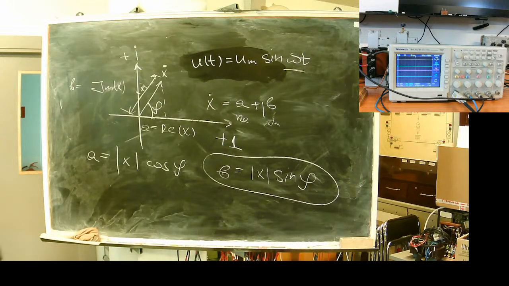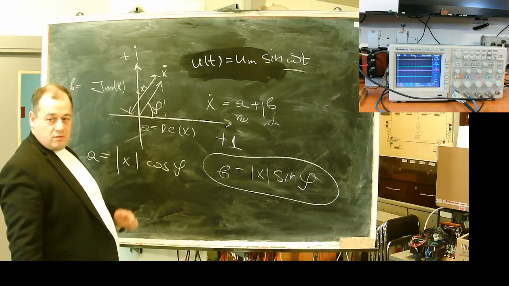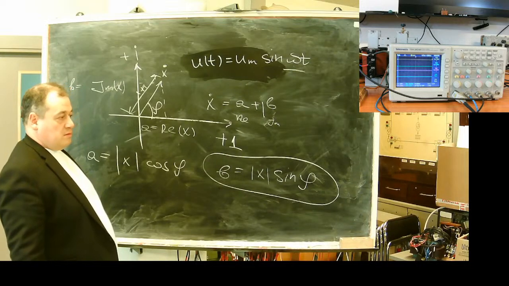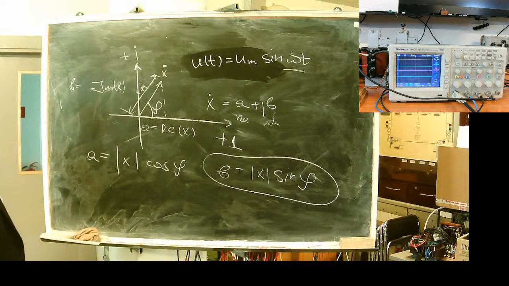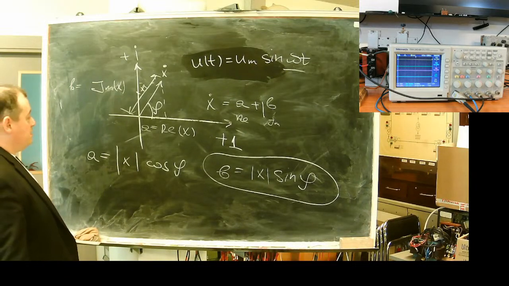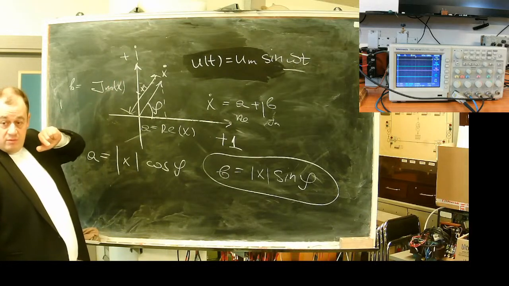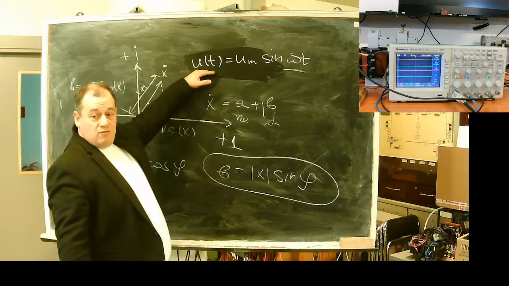We can think what this is: this vector on a complex plane, in imagined space, is something that, when projected to our world, gives us this voltage.